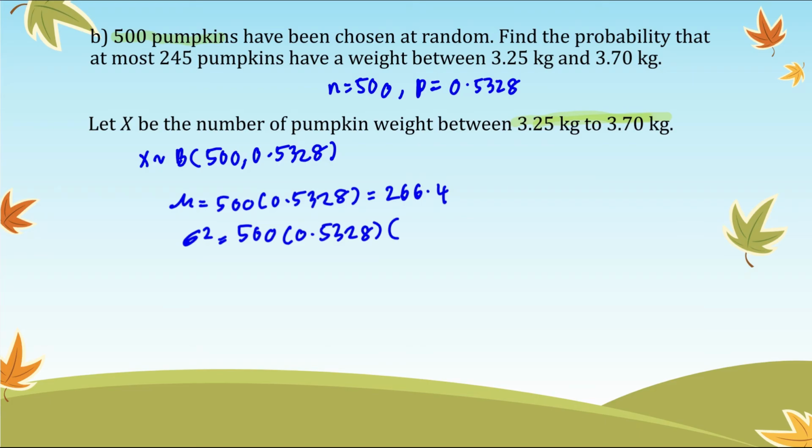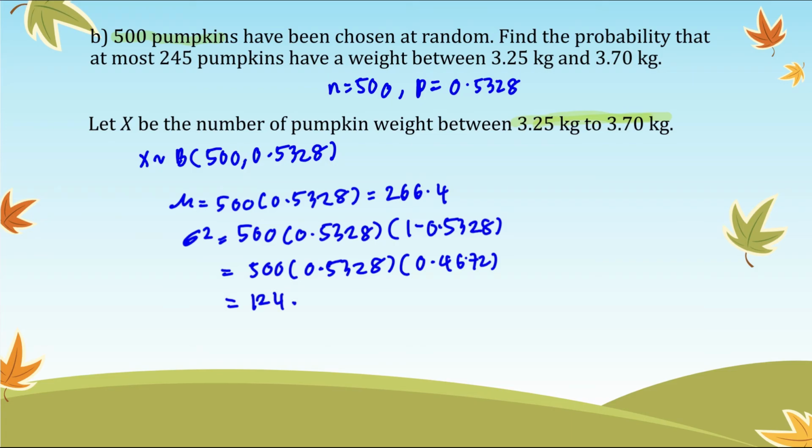We can find Q by using 1 minus P, 1 minus 0.5328. So 500 times 0.5328, our Q is 0.4672. It is equals to 124.46208.